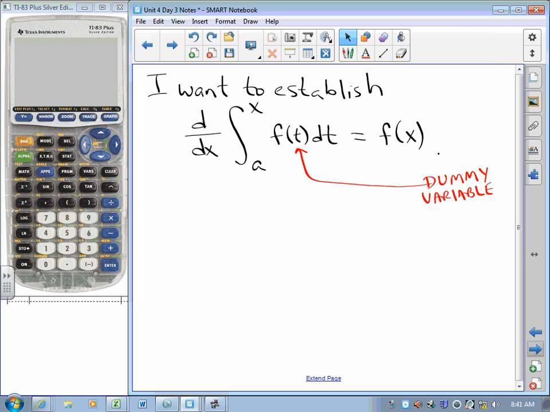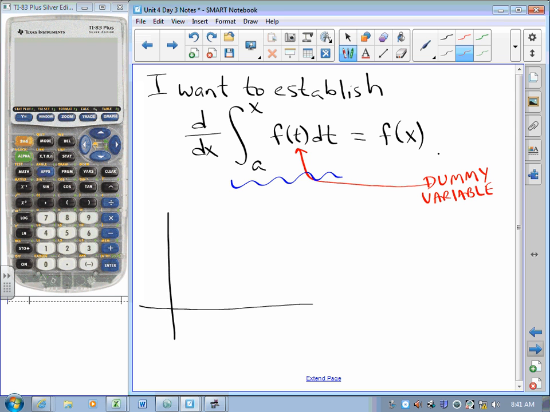So what do I mean by this blue function? Well, I mean that you have some red function f of t, and here is the value a. The blue function takes the area from a to x. It takes this area and plots it.